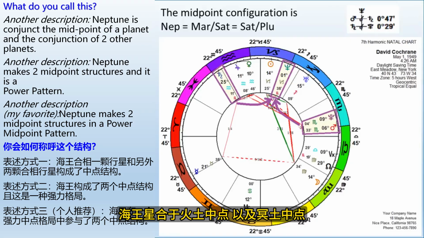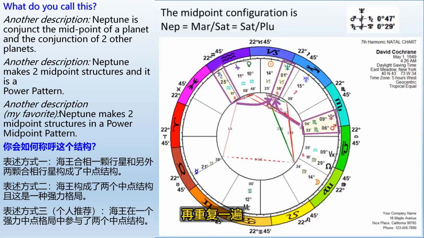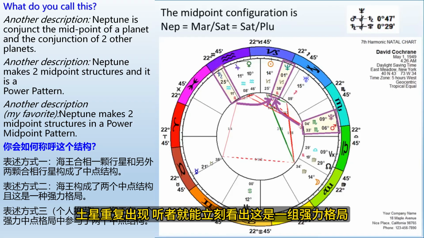Neptune is conjunct the Mars-Saturn midpoint and the Pluto-Saturn midpoint. You hear Saturn twice? That's actually a beautiful way to describe it. You hear Saturn twice and you know it's a power configuration.